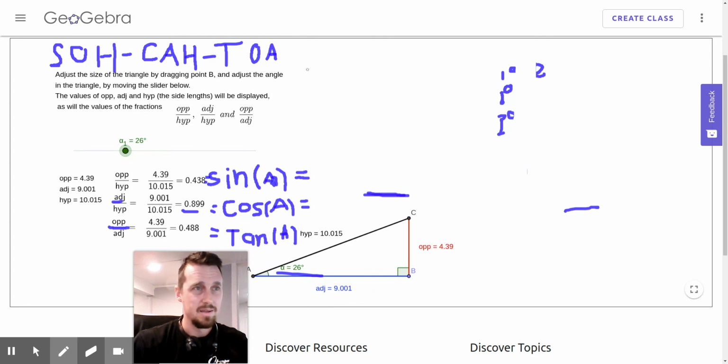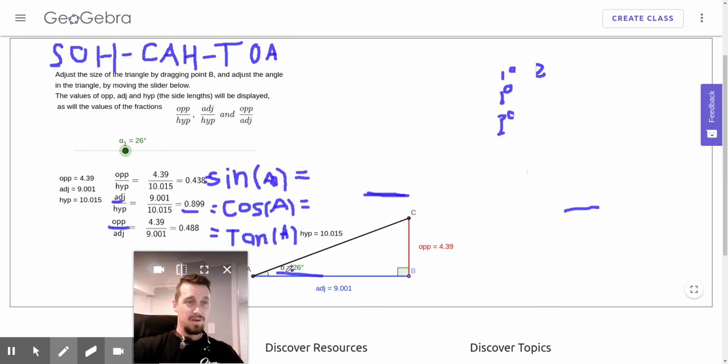And then know that means that the tangent button on your calculator will tell you, if you give it a degrees, it'll tell you the ratio of the opposite and the adjacent. Same for cosine with adjacent over hypotenuse, and sine for opposite over hypotenuse.